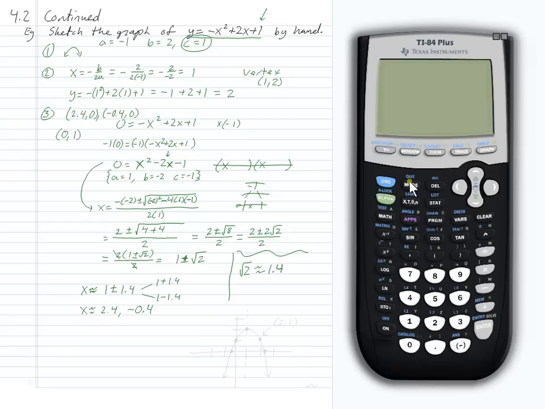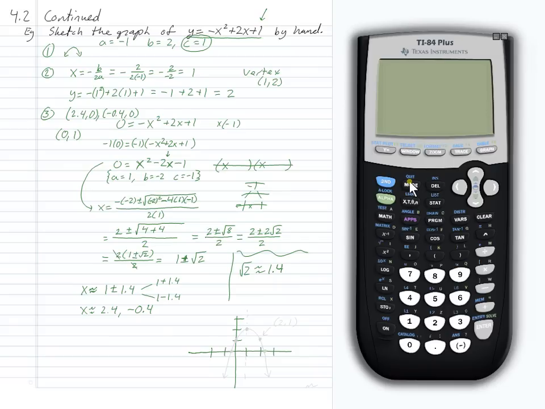And if we put all of that together, we're going to use a nice small window here. Alright, so I'll start from the top. This is concave down.